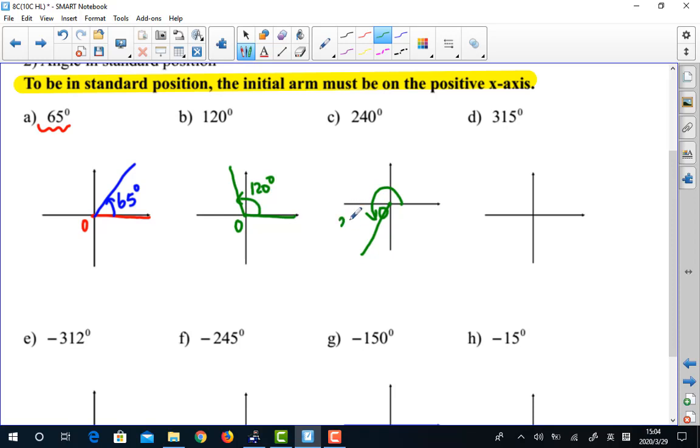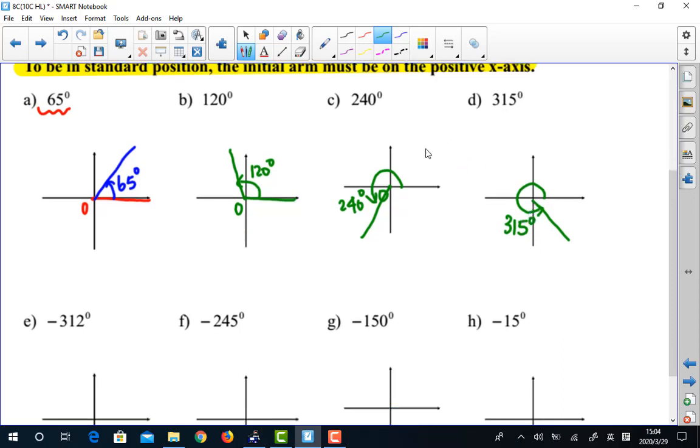So this is a positive 240 degrees. 315. We start from here. We rotate counterclockwise 315 degrees. So this is a positive 315 degrees.